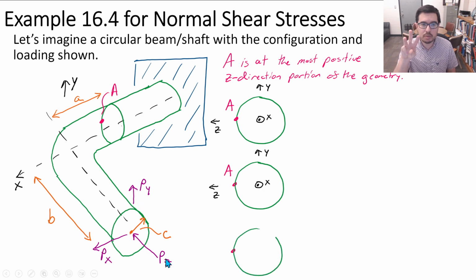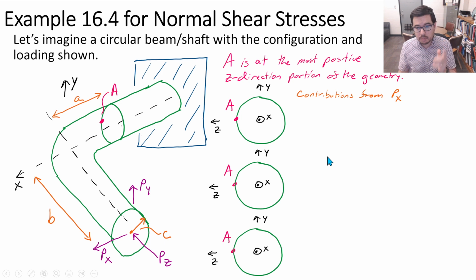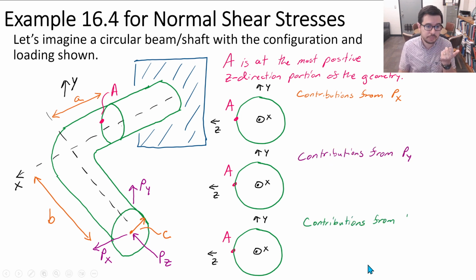So we have 3 external loads, and we're going to do 3 drawings of the cross sections, and each one of these cross sections is going to contain the information associated with one of these loads. So let's start with Px. The top one here, contributions from Px, and then we'll go to Py, and then we'll go to Pz.